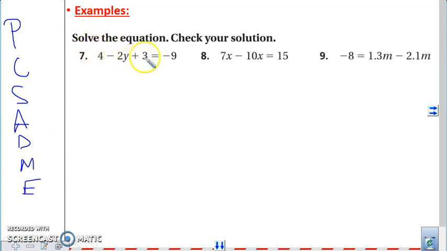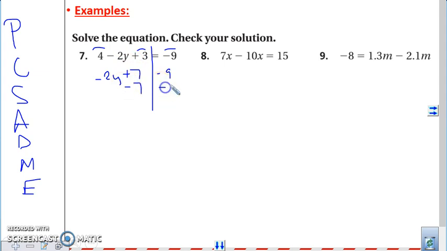All right, parentheses, no. Like terms, yes. Are any of them on the same side? Yes. So combine them. Negative 2y, and 4 plus 3 is 7. Finally we got to the C. Undo addition, subtraction.